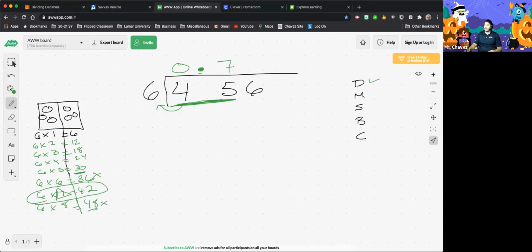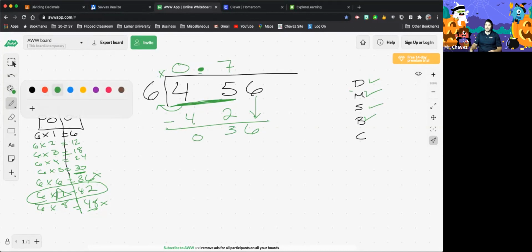I just divided. Check. Now you multiply. 7 times 6 is 42. I already multiplied. Next, subtract. 5 minus 2 is 3. 4 minus 4, 0. Bring down the 6. Now I've got 36 divided by 6.